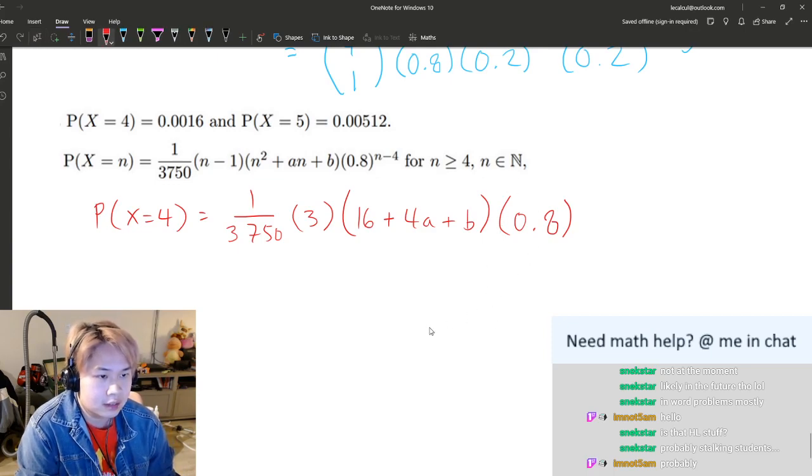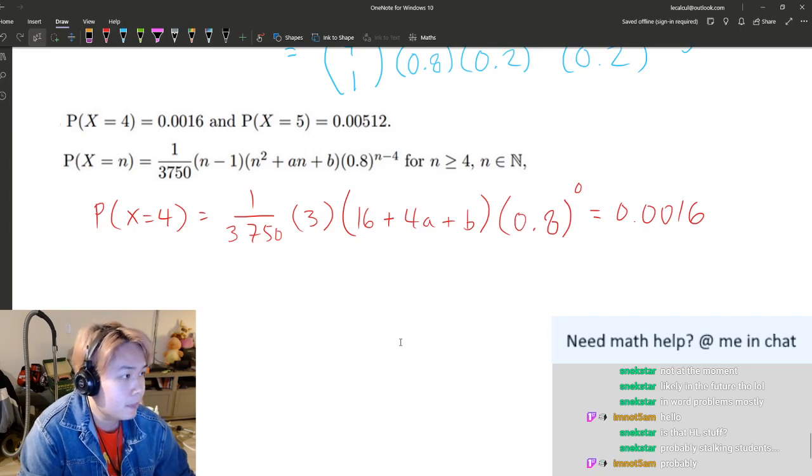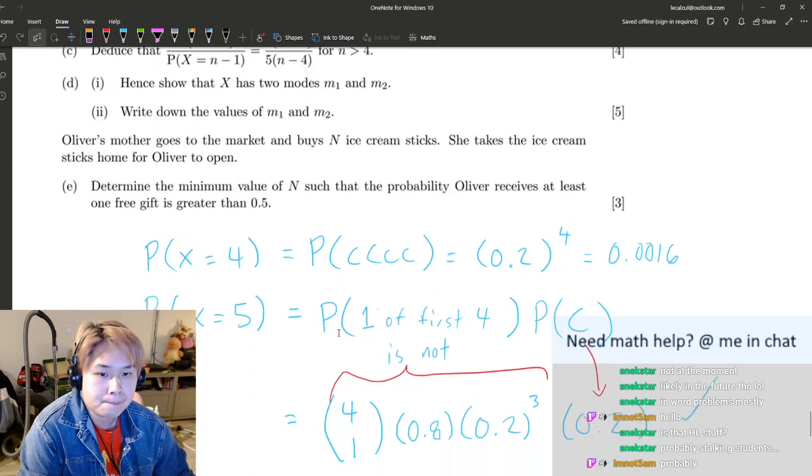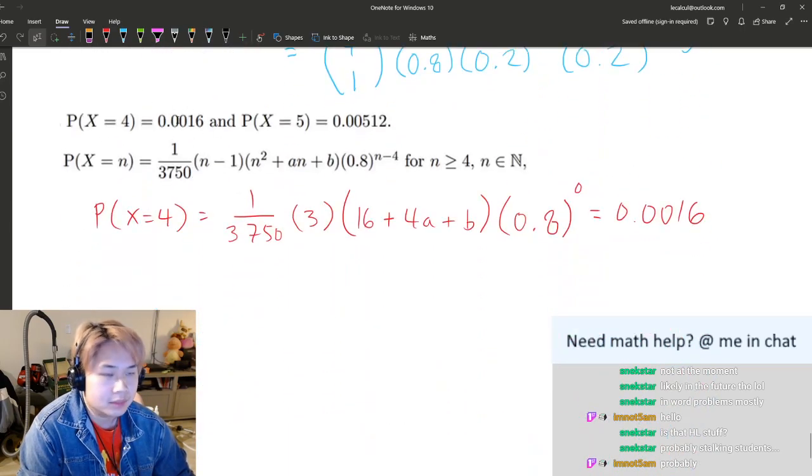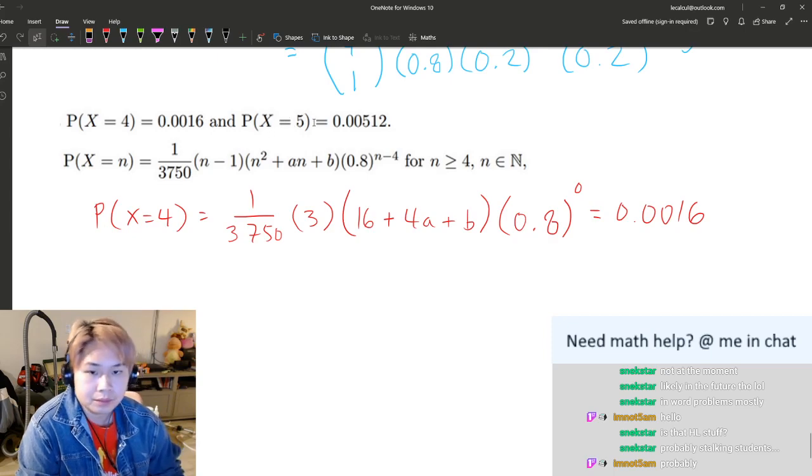Well, I'll just write 0. And this is equal to 0.0016. Yeah. And then we can plug in 5.